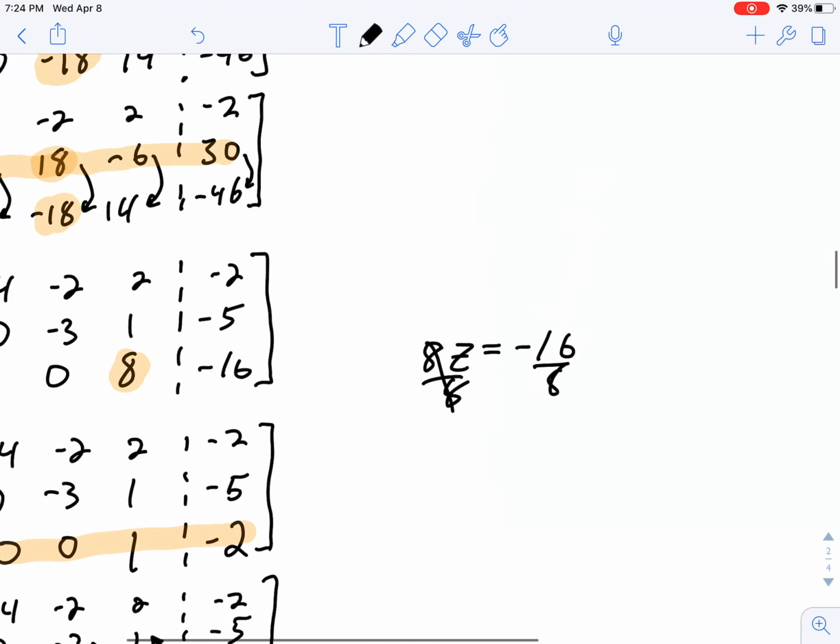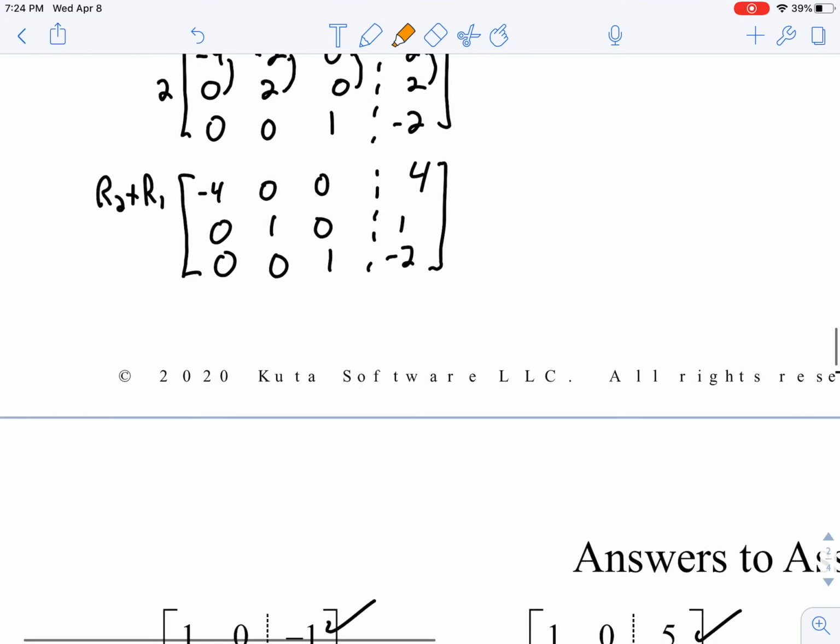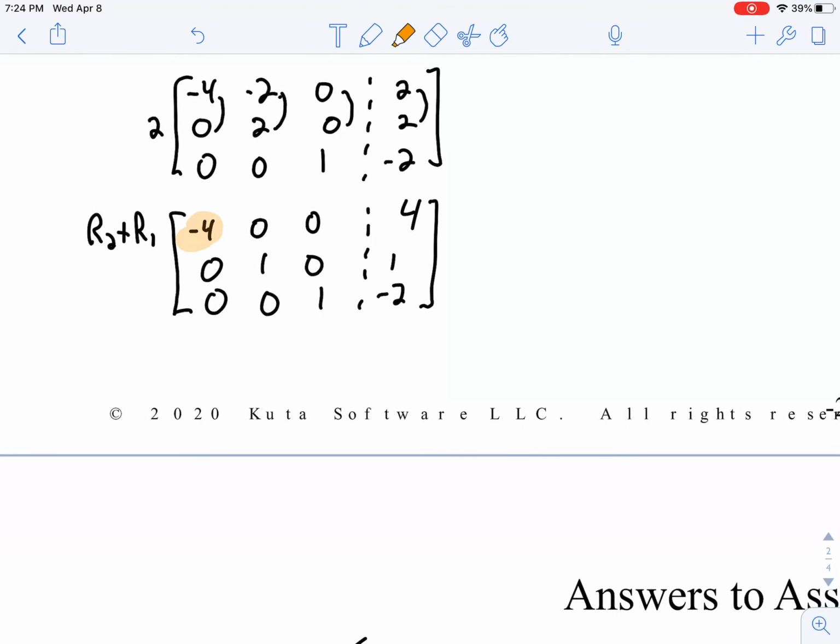If we look at our progress, we've got this done. Now all we need is a 1 right there. How could I turn this -4 into a 1? If you're saying multiply that top row by -1/4, then you are getting it. -1/4 times -4 is 1. Multiply it by 0, you get 0.